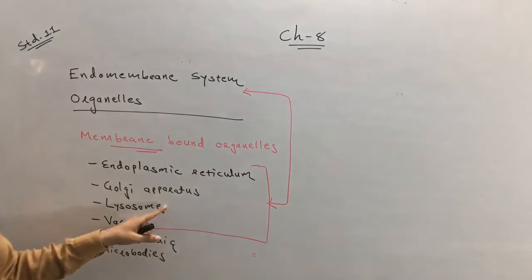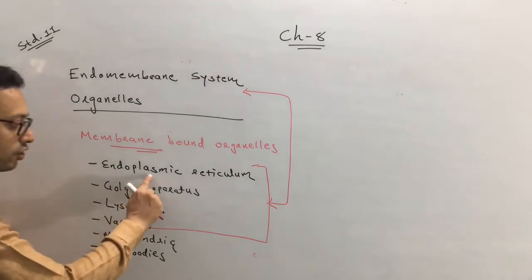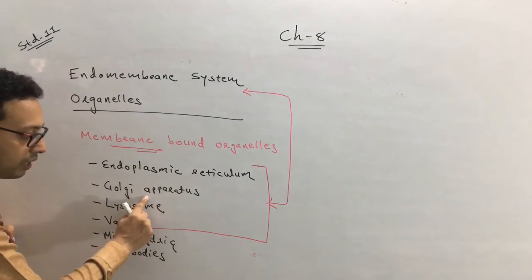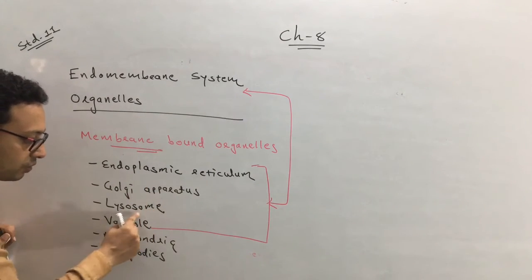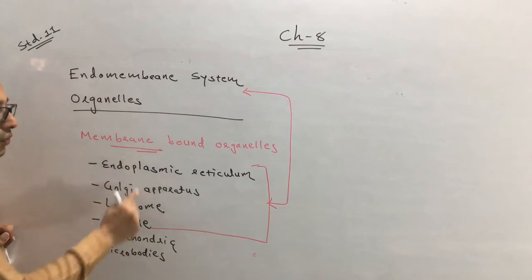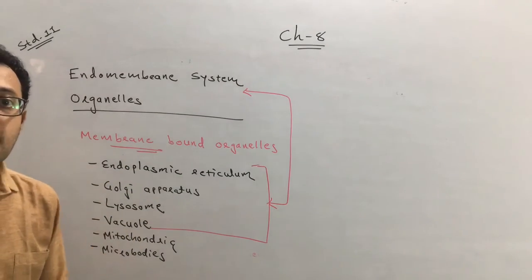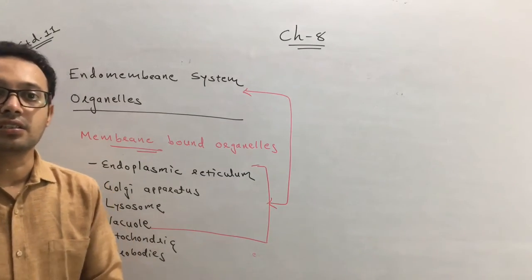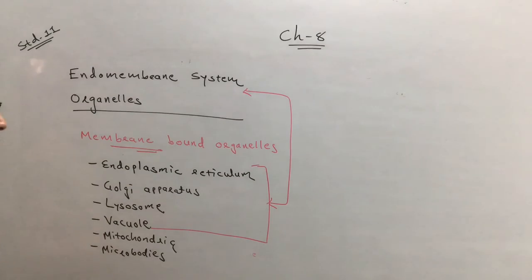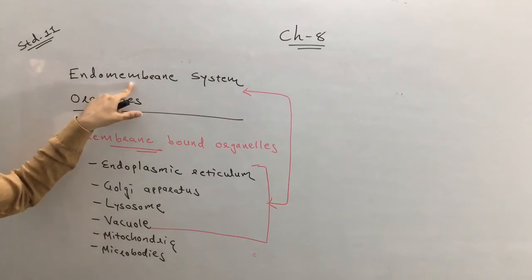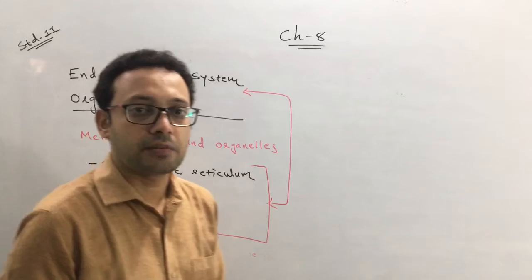Clear? Which are called endomembrane system organelles? Endoplasmic reticulum, Golgi apparatus, lysosome and the vacuole. These four, whose functions are coordinated with each other, are considered endomembrane system organelles.